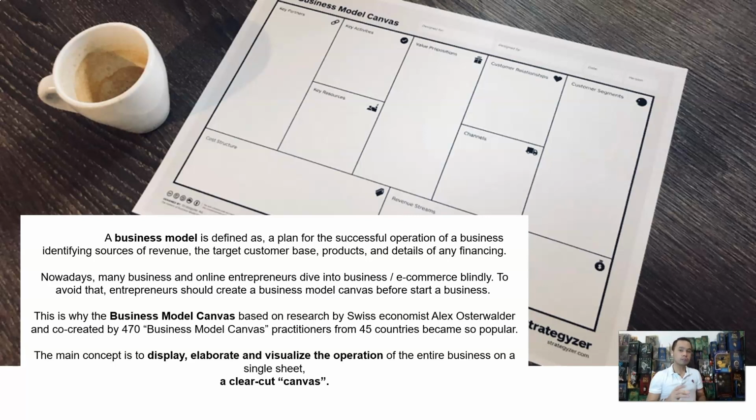So, tujuan utama BMC sebenarnya adalah, as you read there, to display, to elaborate, to visualize the operation of the entire business in a single sheet, in a single kertas, seperti yang anda nampak gambar tu, dalam sekeping kertas macam tu sahaja, yang kita nampak it's a very clear structure of the business canvas. So, canvas perniagaan itu. So, faham okay?